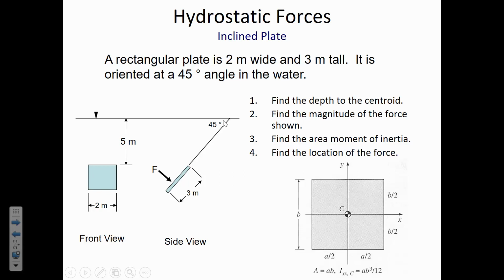Now we can follow the same 4-step procedure: depth of the centroid, magnitude of the force, which is dependent on the pressure at the centroid multiplied by the area, area moment of inertia, and the location of the force. I guess that's a different 4 steps, but they're numbered differently; it's the same stuff as before.